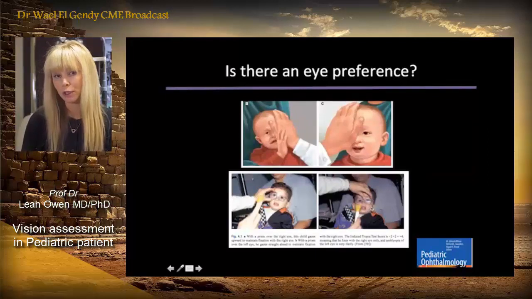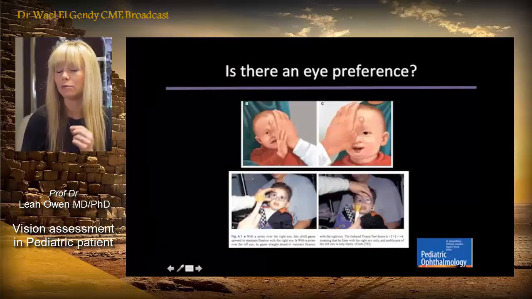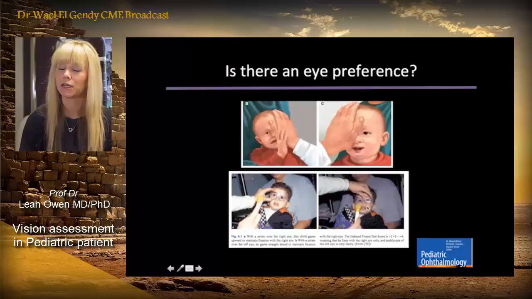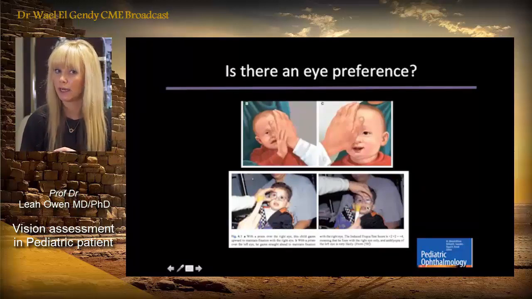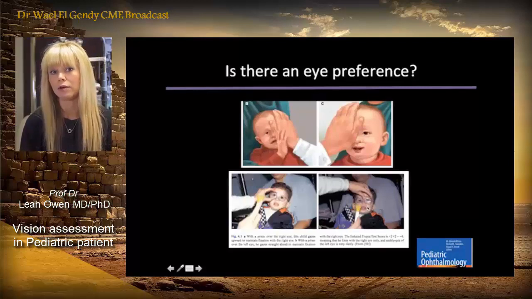So if the child were using the left eye, similarly, he would be looking at the upper image, but you can see he's not. He's looking straight ahead at the lower image. And that means that the child still is using the right eye. So the child prefers the right eye, and therefore we have to investigate why the child's not using the left eye.